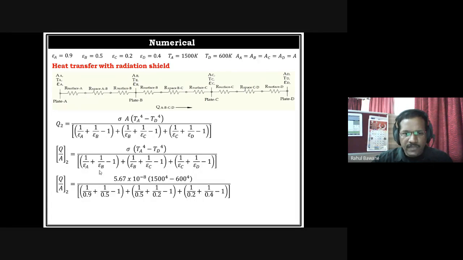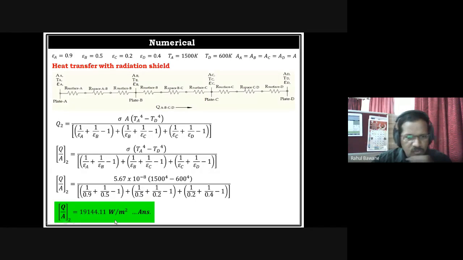Now putting the values, because all the emissivity values are given, temperature we only require for A and D. After calculating, we come to know that this time, when radiation shields are inserted, the heat transfer rate is 19144.11 watt per meter square. So it must be reduced, because radiation shields are used only for that purpose.